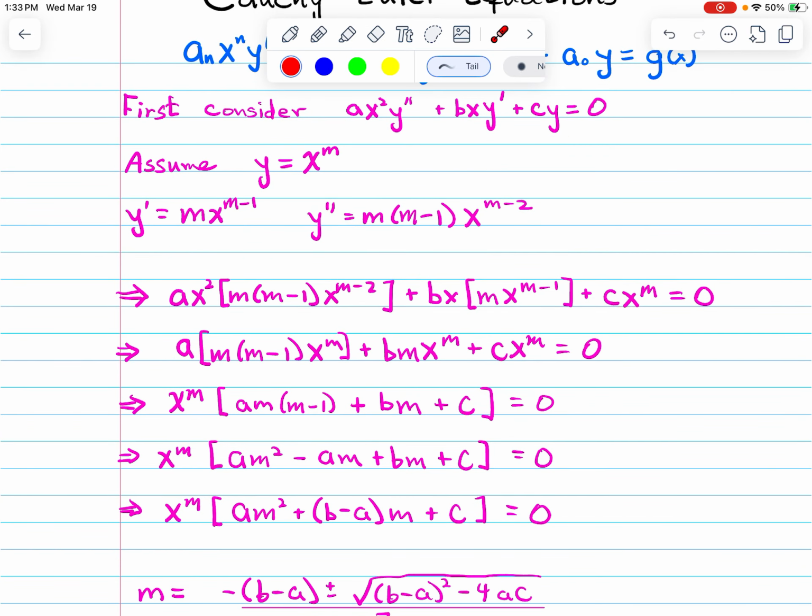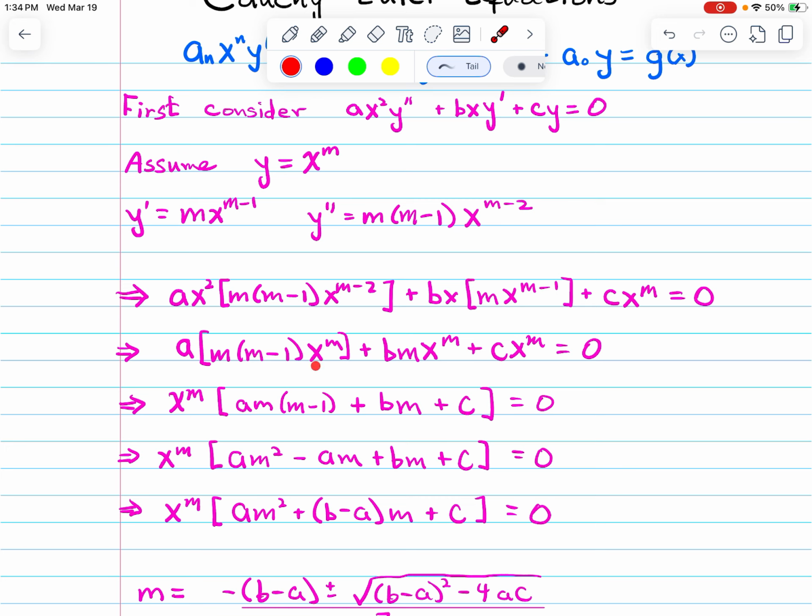Now, notice that this x to the second power multiplied with this x to the m minus 2 just gives us x to the m. And the same thing happens over here. The x to the first power multiplied by the x to the m minus 1 gives us x to the m.